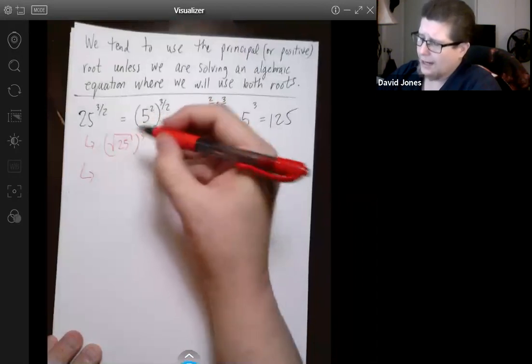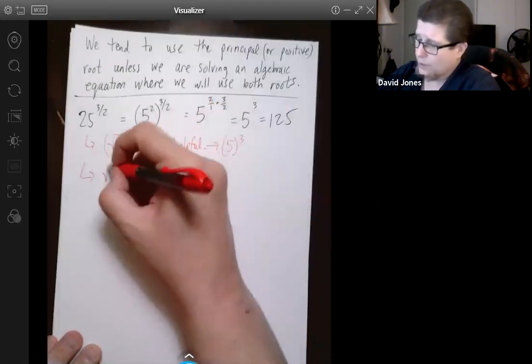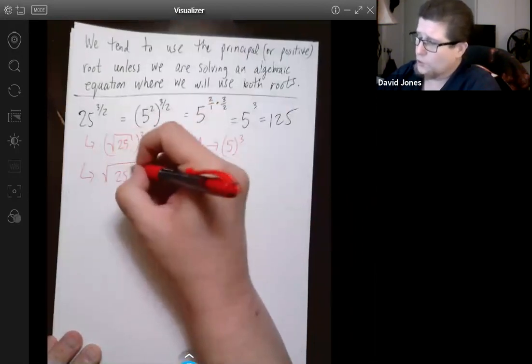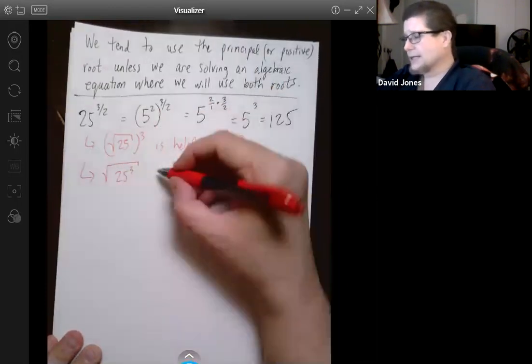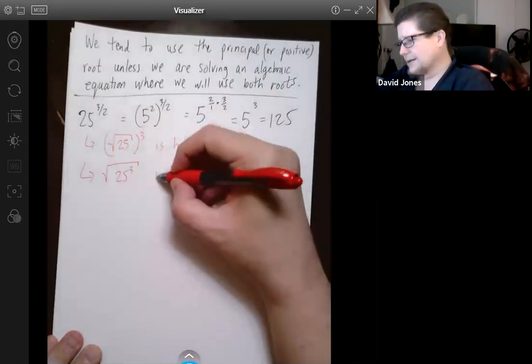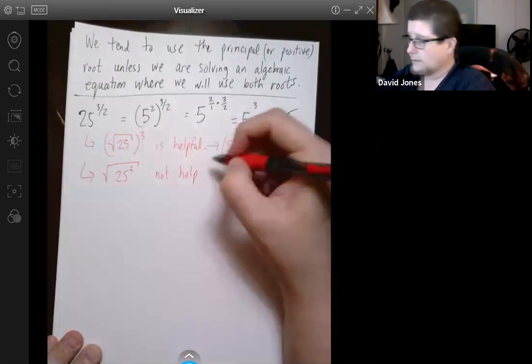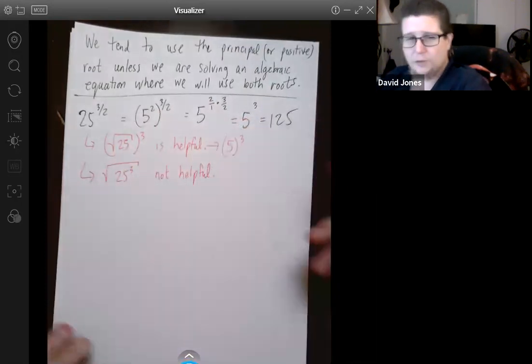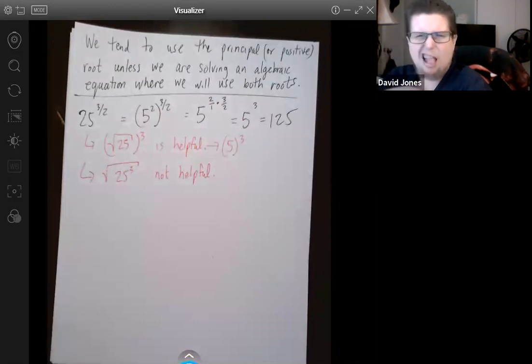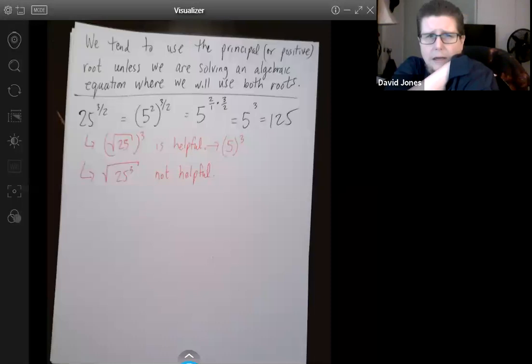The other way of writing this is the square root of 25 cubed, and that's not helpful. You have to cube 25. I will show you what I would do to go from that point.